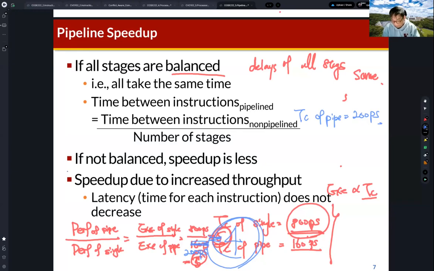If not balanced, speedup is less. Using the equation we learned in chapter 1, we can calculate the performance improvement by the pipeline architecture.